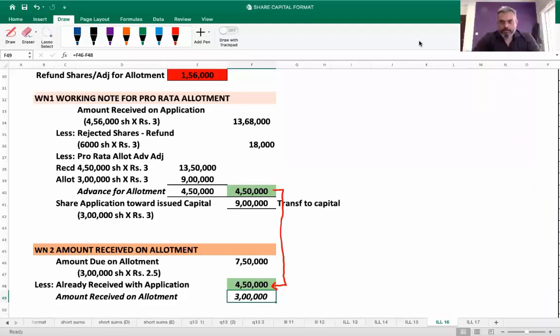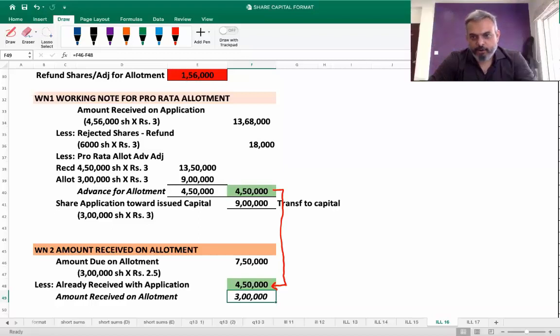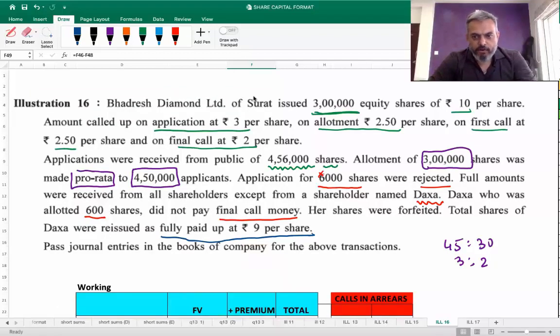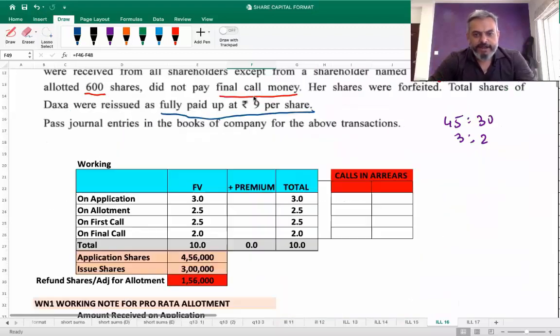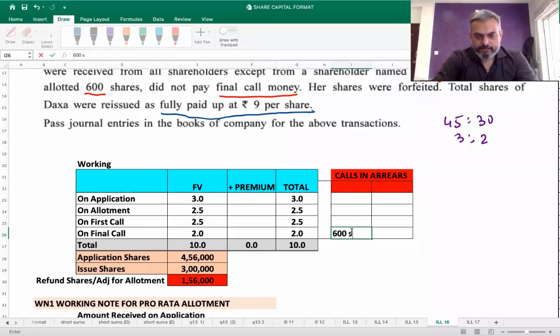Now, this is the working we have done for application and allotment. But in this sum, we also have a shareholder Daksha. Now, this shareholder did not pay final call on 600 shares. You write over here in your working, we did not receive final call for these 600 shares. I'll just highlight it.